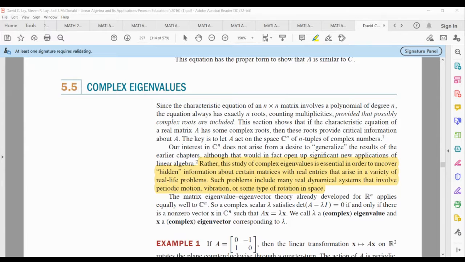A good example would be a linear system of differential equations where you're solving for x and y, and the solution involves sines and cosines.